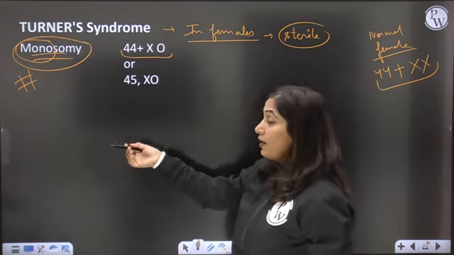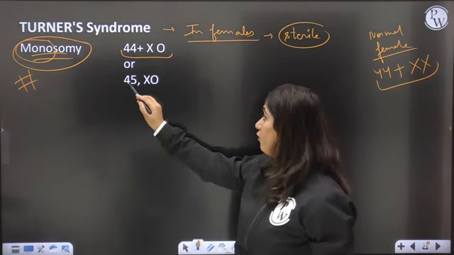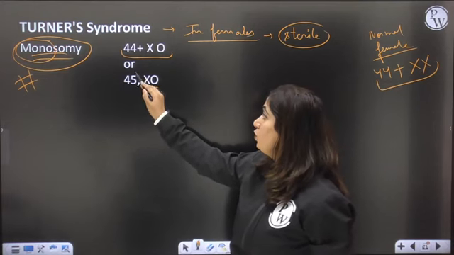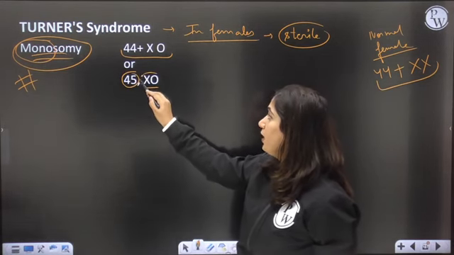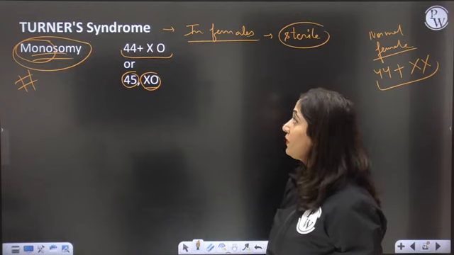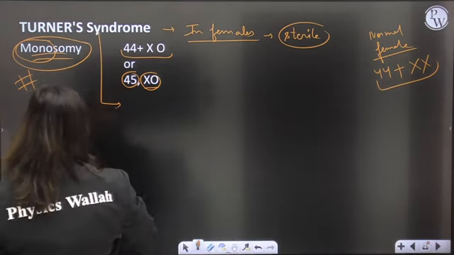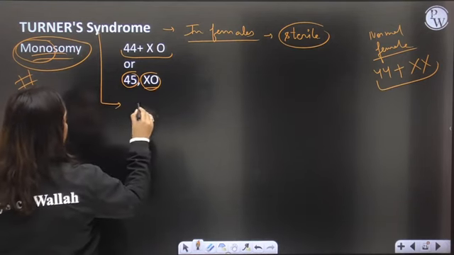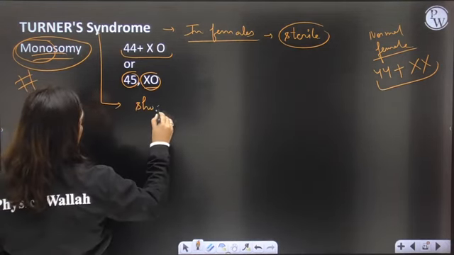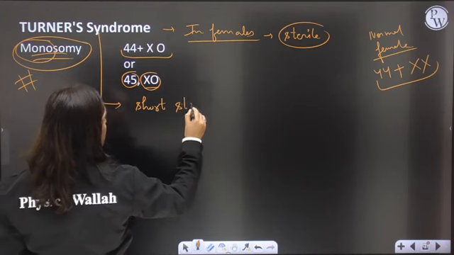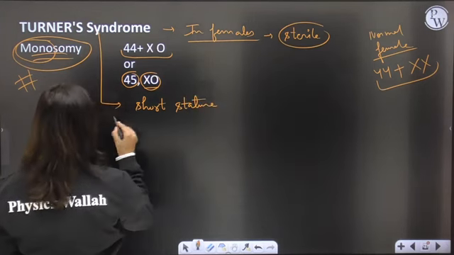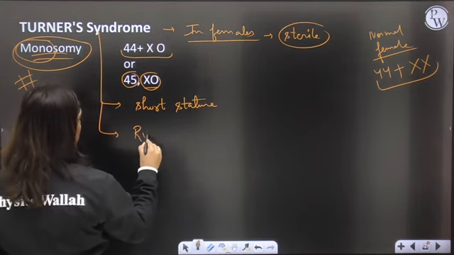And in what way can we represent it? 45, XO. Total number of chromosomes 45 now, because of the XO condition. The females affected with Turner syndrome have short stature, they are sterile, they have rudimentary ovaries.